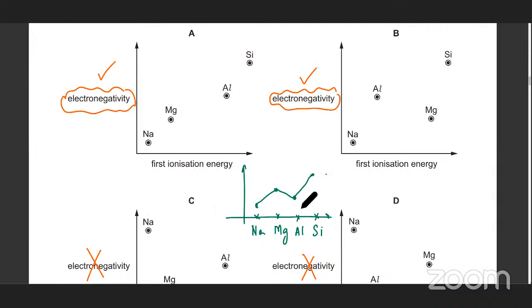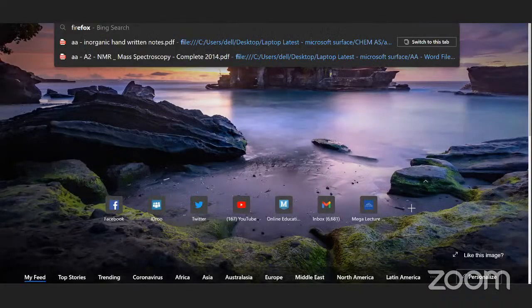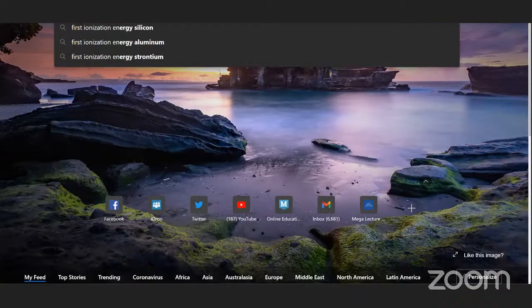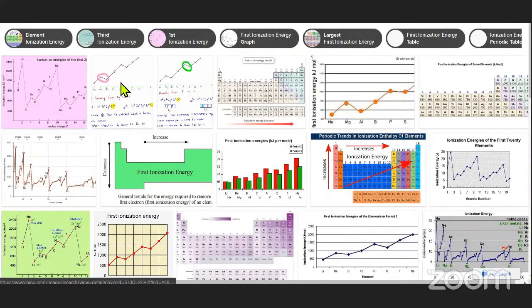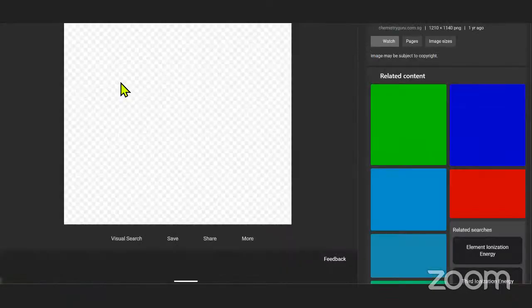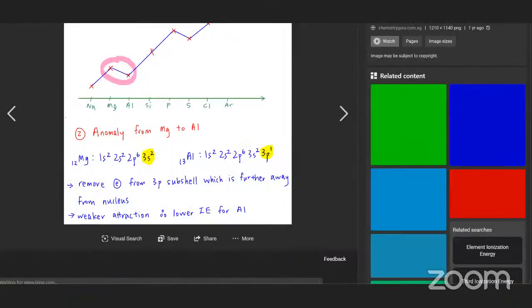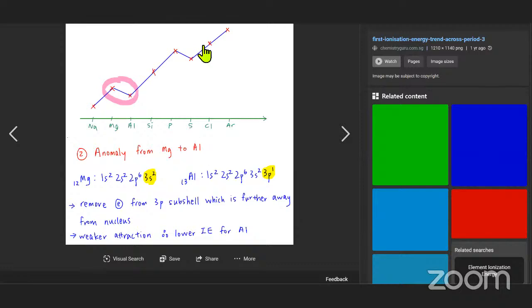So what's the order of the first ionization energy? This is how the first ionization energy graph looks across the period. It keeps on increasing.